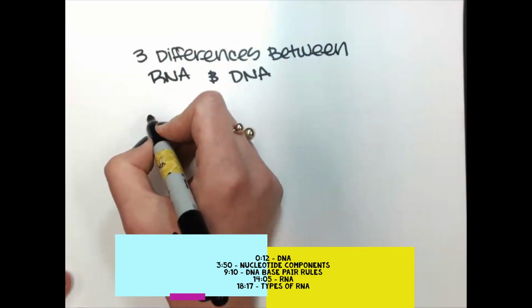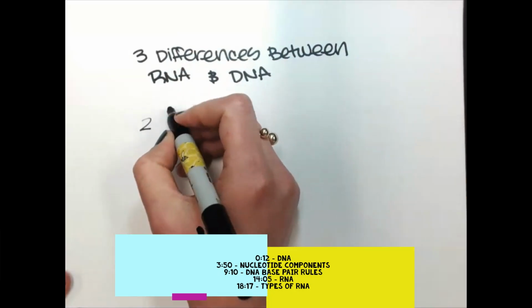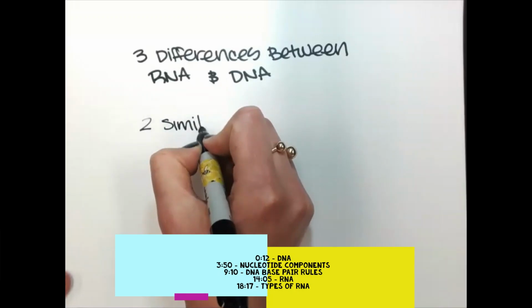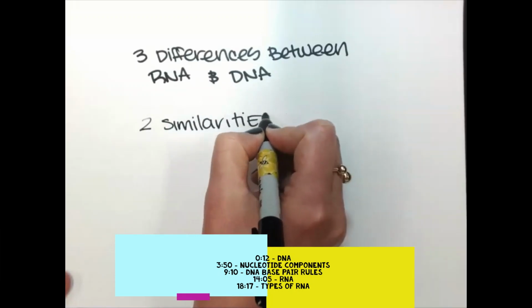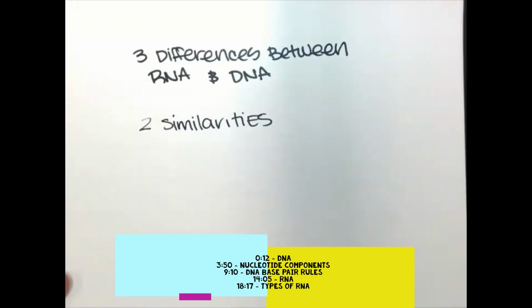And then also see if you can find at least two similarities. It's a good way to test yourself. If you have any questions, we will go over those in class. I hope that was helpful.